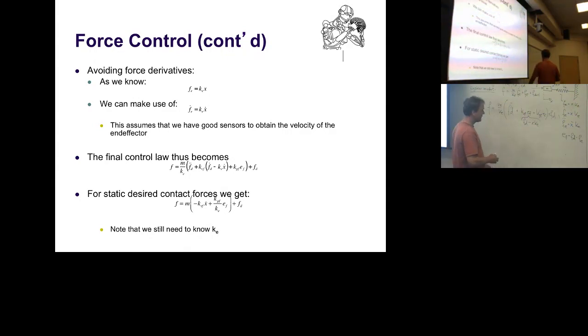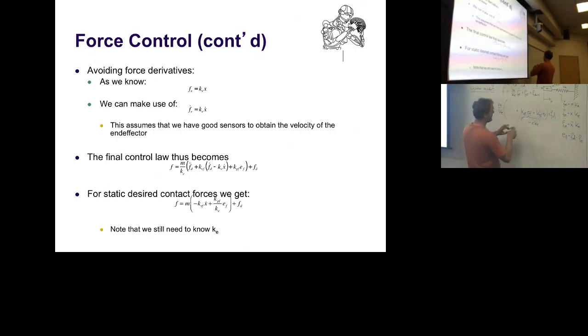If that is the case, then this here would be 0, and this here would be 0, and our control law becomes even simpler. So we get now minus KV times x dot, we get KPF over KE, and so it's now basically multiplying the KE in there.